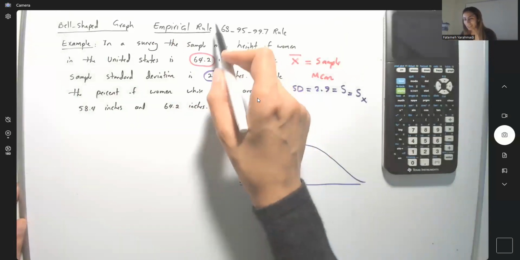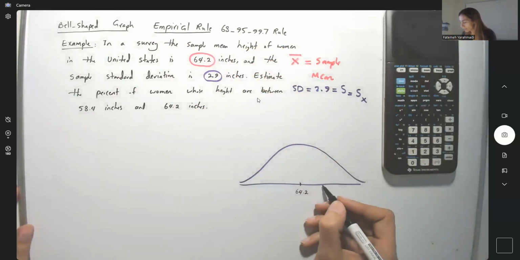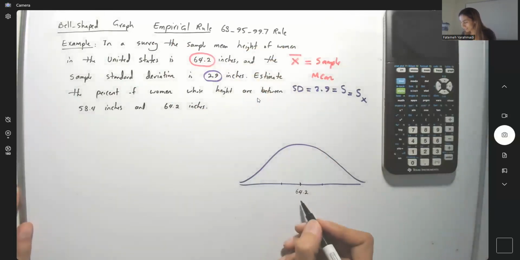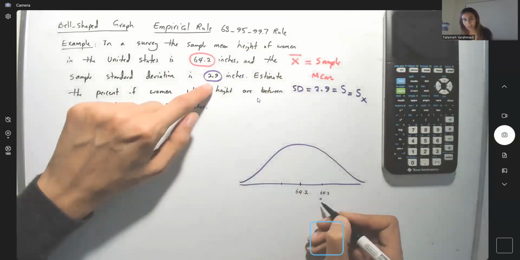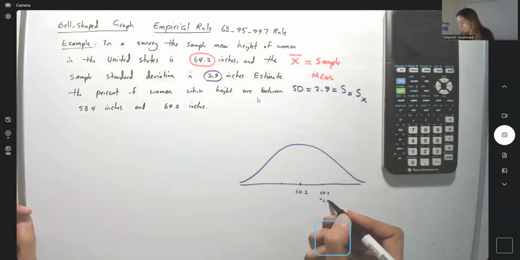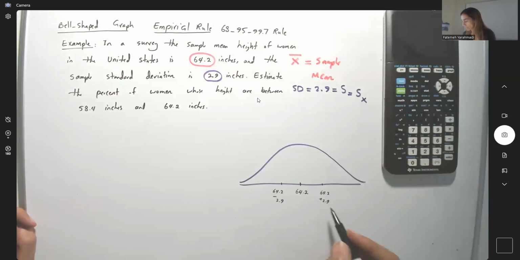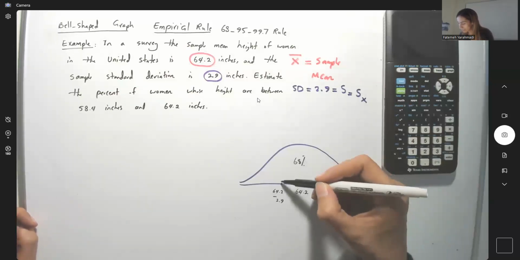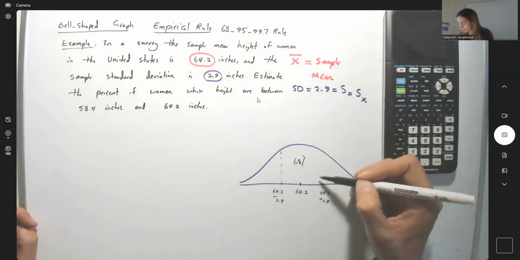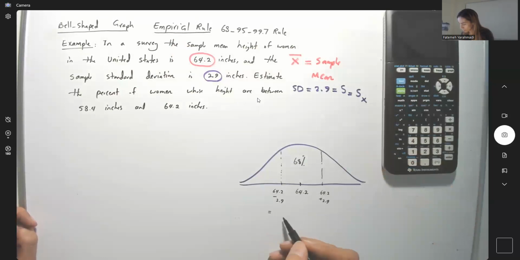We expect 68% of all women in the United States to have a height between 64.2 plus one standard deviation, 2.9, and 64.2 minus 2.9. So we expect 68% of women in the United States to have height in between, so let us do the calculation.